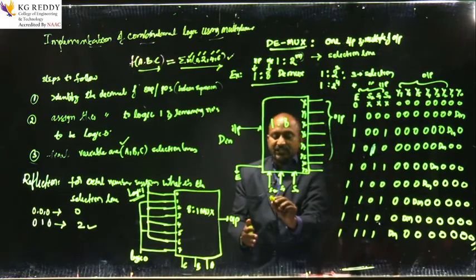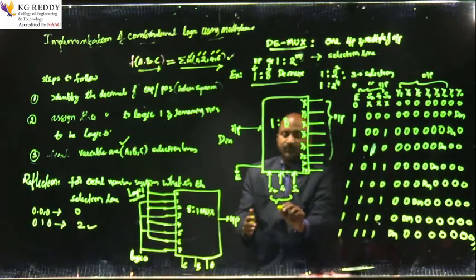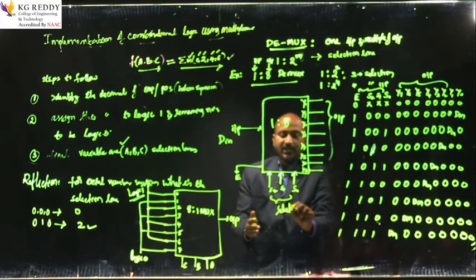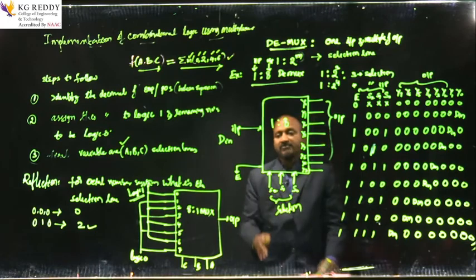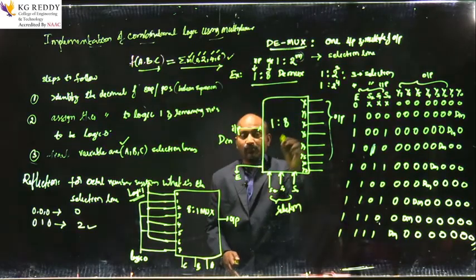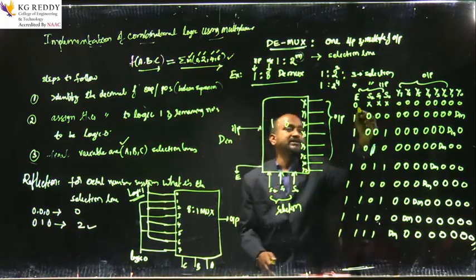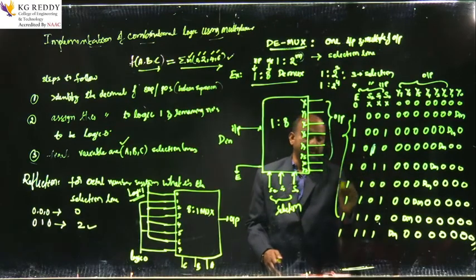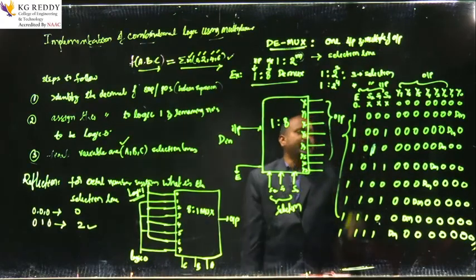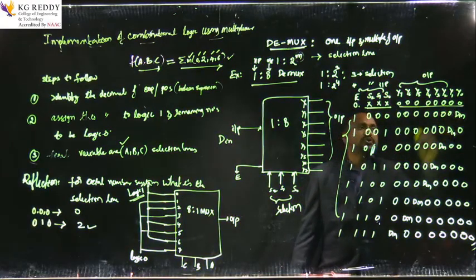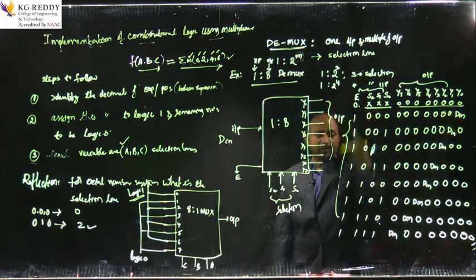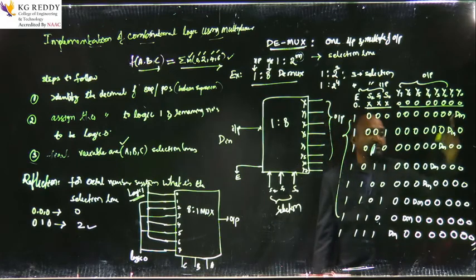Based on the selection lines, we select only one output, when the enable bit is enabled. If the enable bit is 0, whatever the input, the output goes to 0. Only when the enable bit is 1 does the output occur.